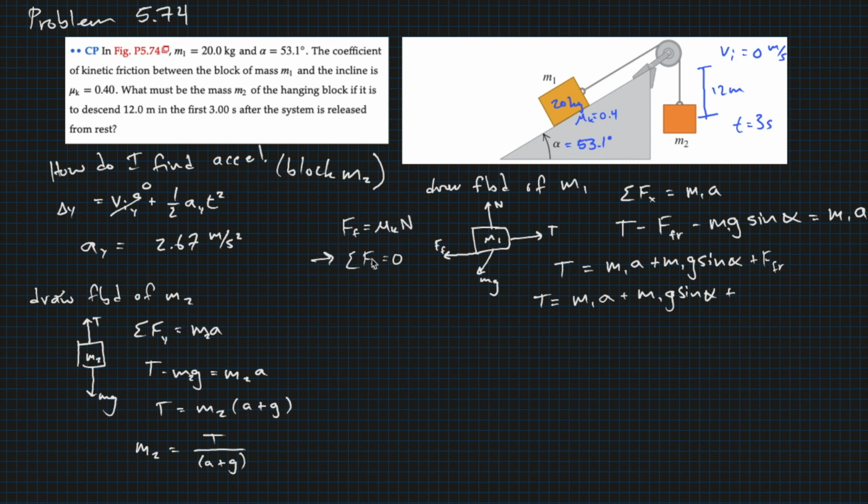Then we do this equation here. Sum of the forces in the y direction equals 0. So I've got the normal force minus mg cosine of alpha equals 0. And so the normal force equals mg cosine of alpha. So then we take that, plug it into my force of friction, and plug that back into our tension equation here.